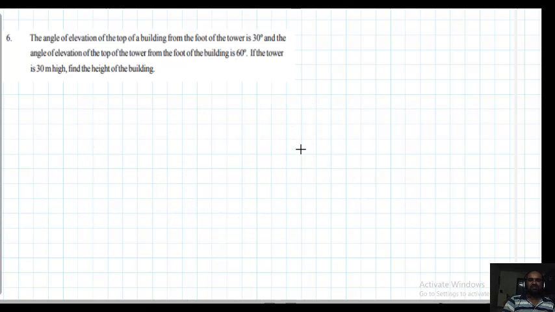Okay, students. This is the ground, this is the tower, and this is the building.